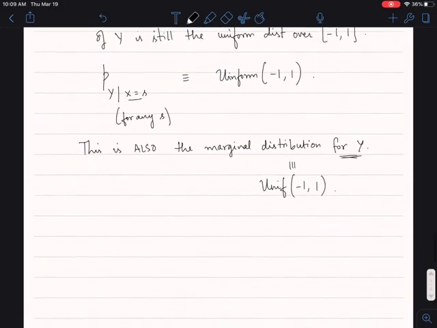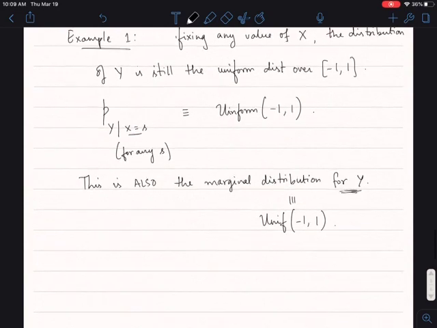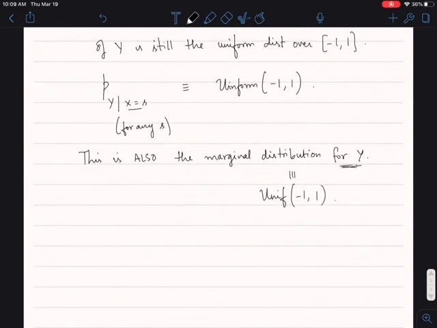Variables that satisfy this property, so if you have joint variables x and y such that conditioning on some value of x, the distribution of y does not change, such variables are called independent random variables. So let me just define this.